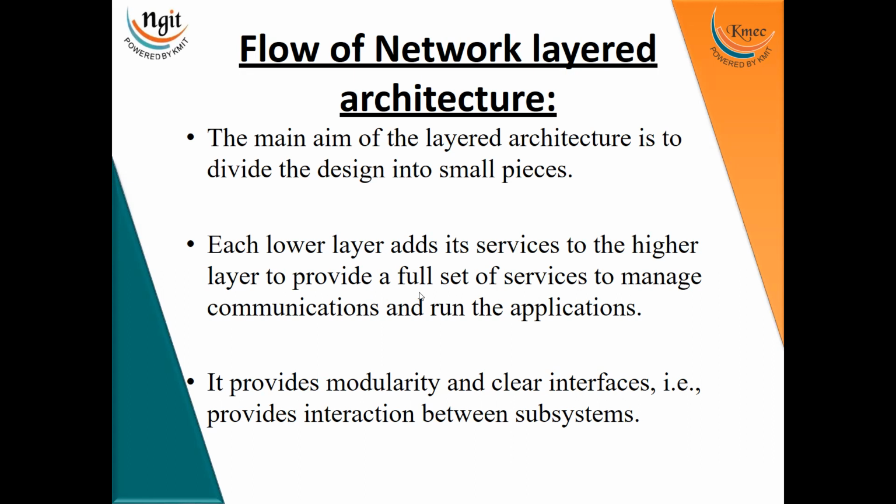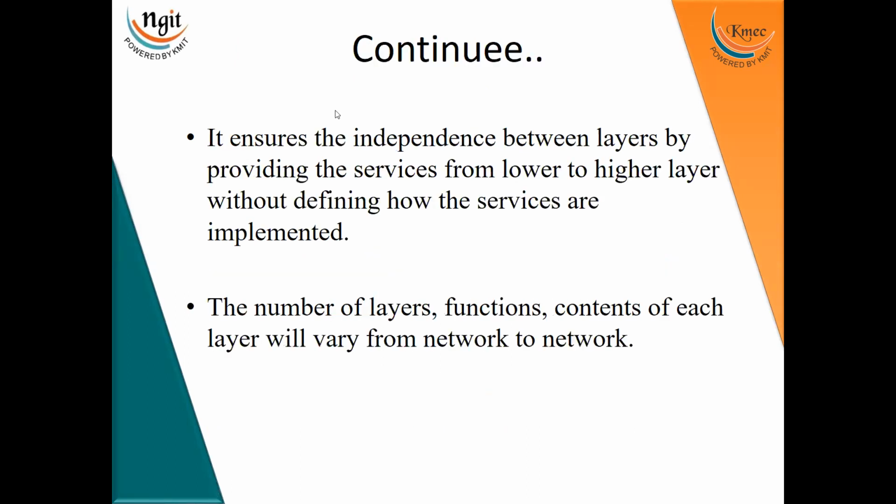It also provides modularity and clear interfaces, that is, it provides the interaction between the subsystems. Now, in the layered architecture, it divides the design into small pieces. Next, it ensures independence between the layers by providing services from the lower layer to the higher layer without defining how the services are implemented. And the number of layers, functions, and contents of each layer will vary from network to network.